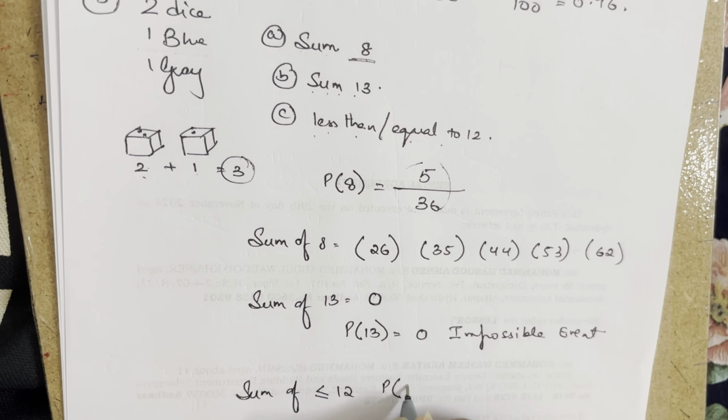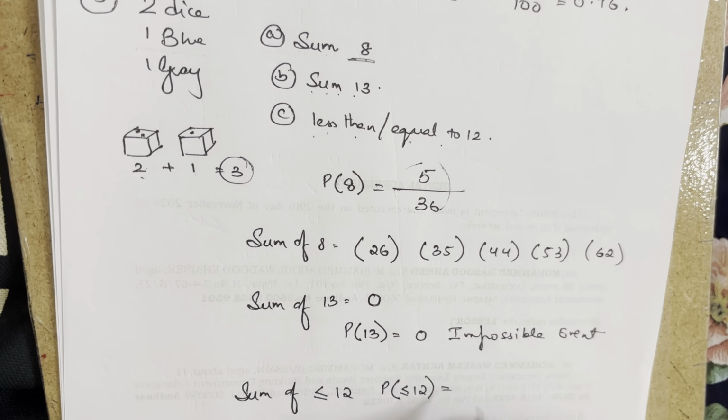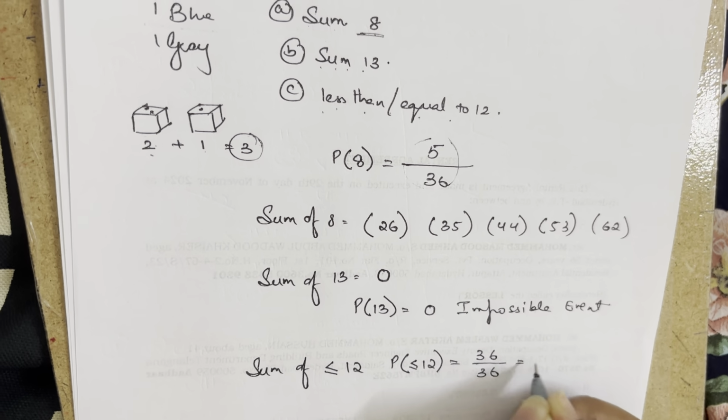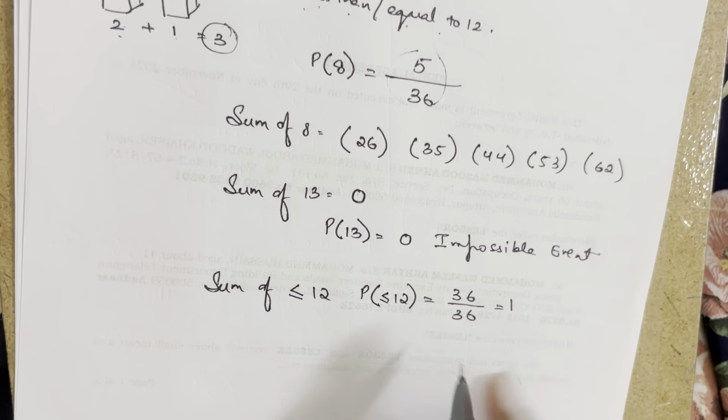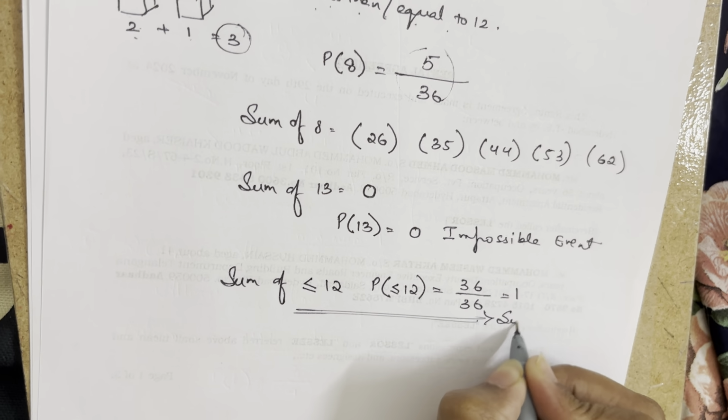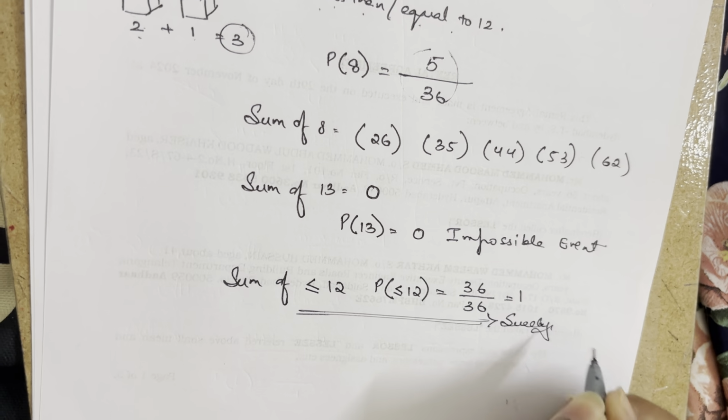So the probability of less than or equal to 12 is all 36 options upon 36, which is equal to 1. And such events where the probability is 1 are called surely likely events.